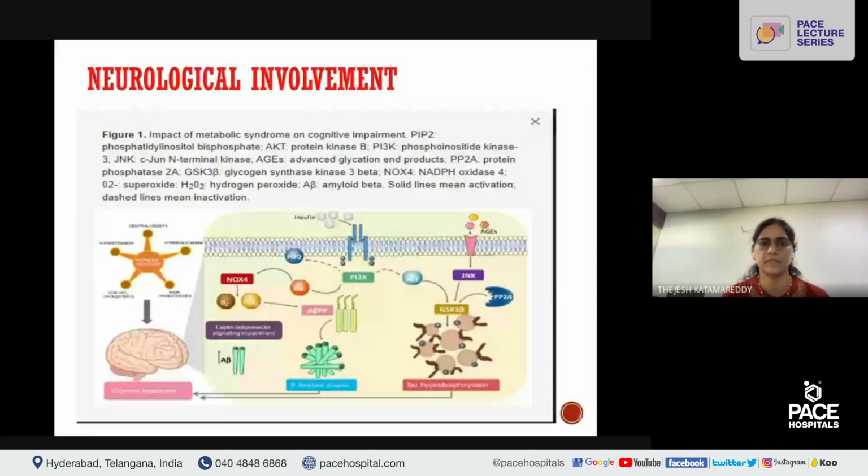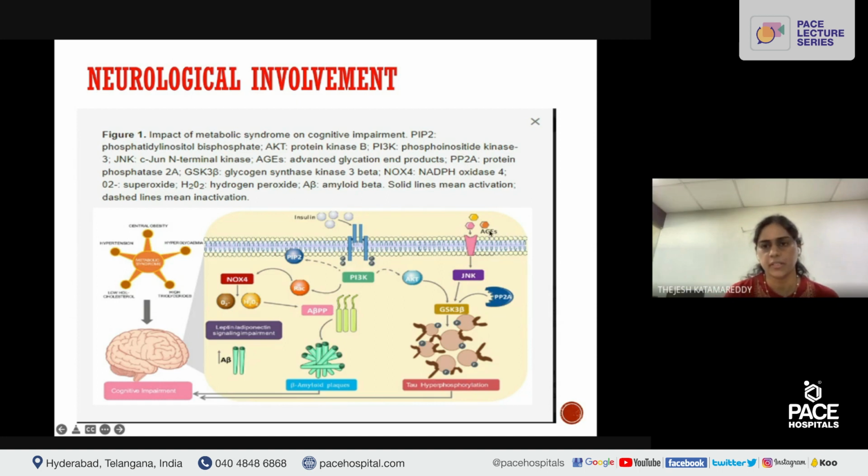Coming to neurological involvement in metabolic syndrome. Metabolic syndrome mainly impairs the cognitive function of the brain. Insulin resistance through PI3K will inhibit the protein kinase pathway, which is leading to glycogen synthase kinase 3 beta activation and hyperphosphorylation of the tau proteins in the brain.